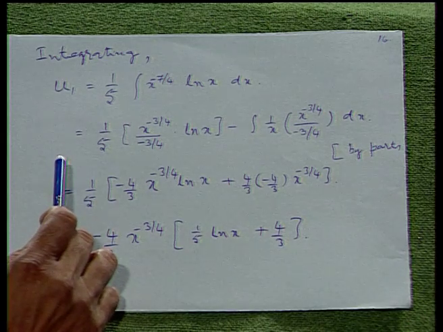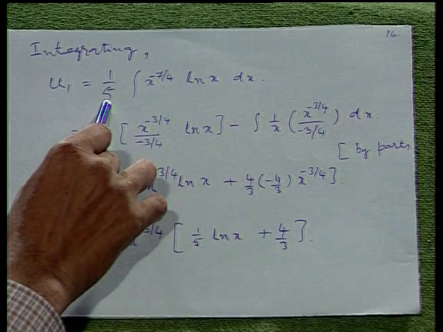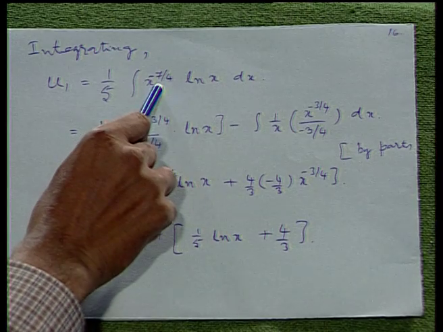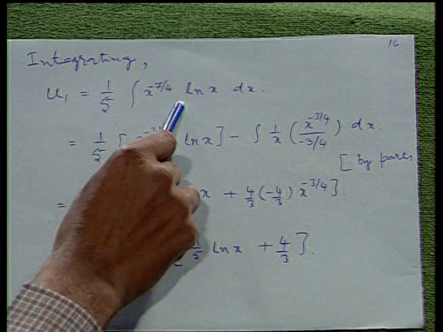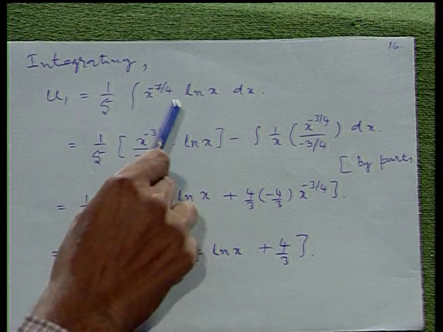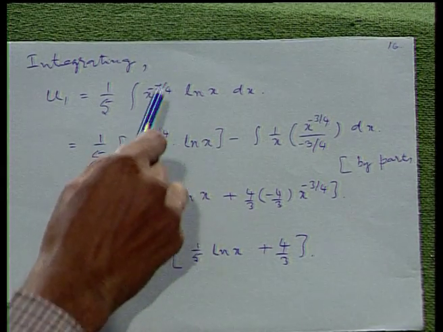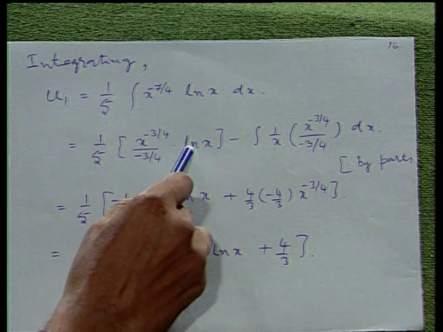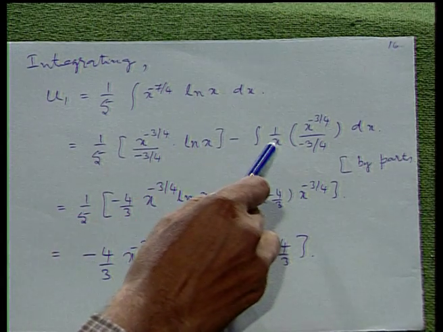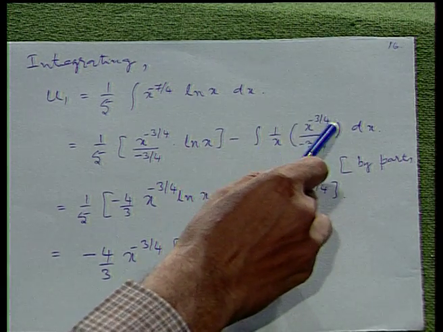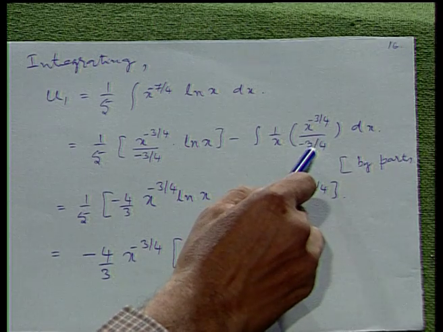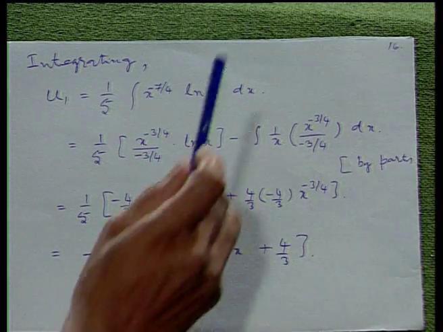Now, integrating these u1 and u2, you will get u1 is 1 by 5 integral x to the power of minus 7 by 4 ln x dx. Now, integration by parts, this should be 1 by 5 x to the power of minus 3 by 4 by minus 3 by 4 into ln x minus integral of ln x is 1 by x into integral of 1 by x into x to the power of minus 3 by 4 by minus 3 by 4 into dx.